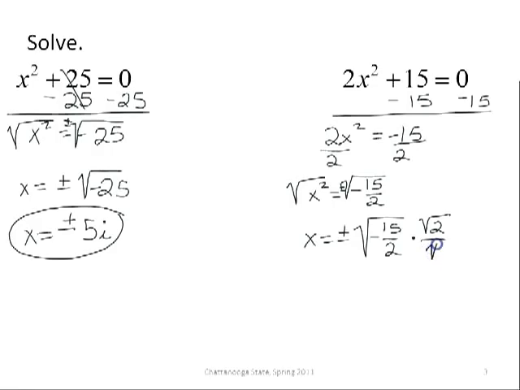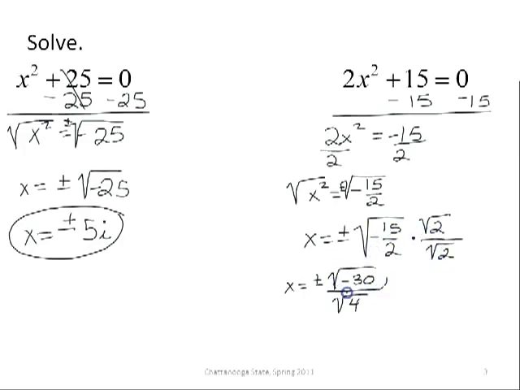We multiply the numerator and the denominator by a square root of 2. Because when we do that, that will give us a negative 30 in the numerator, and it gives us a 4 in the denominator. Now both of these are still under a radical.